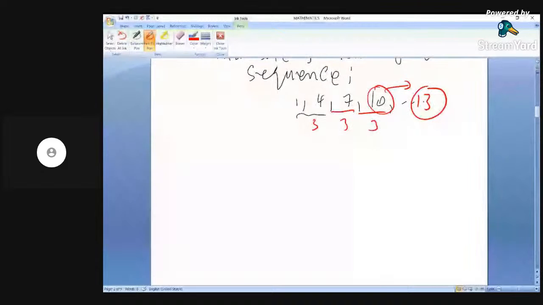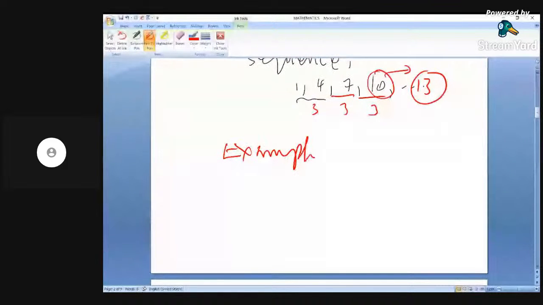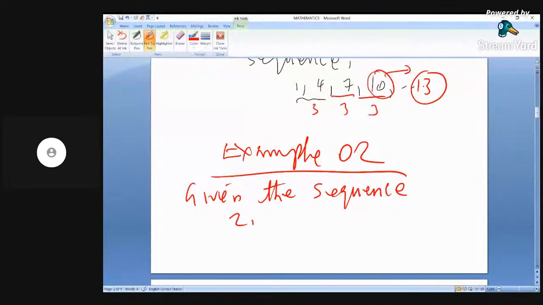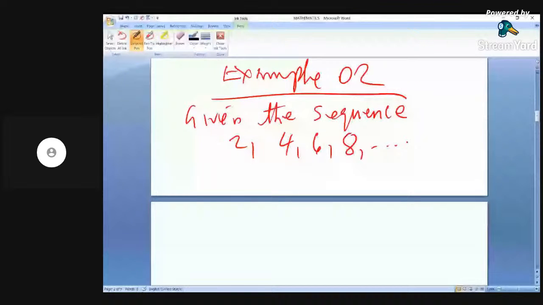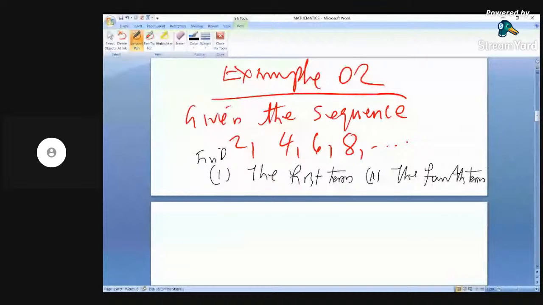Example number 2. Given the sequence 2, 4, 6, 8, and it goes like that, we are supposed to find the first term, the fourth term, and third, the nth term.